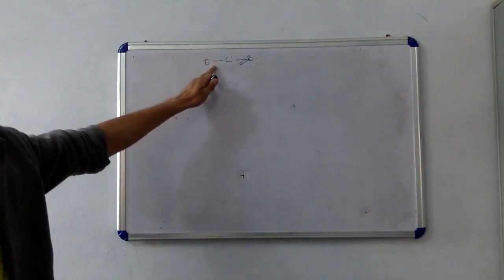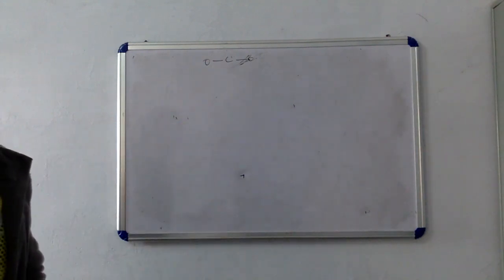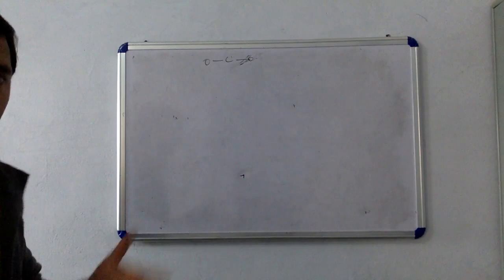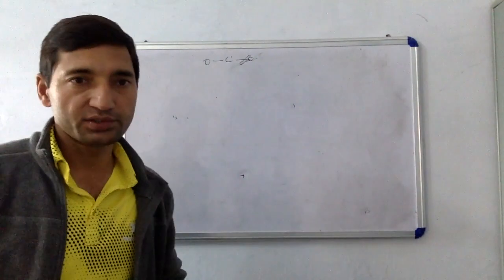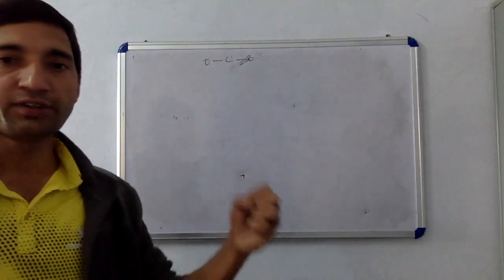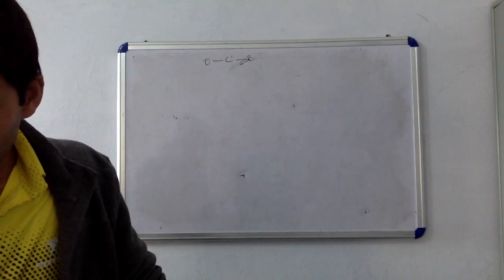Right? So we illustrate the extreme cases, that is the extreme stretching or the bending or the equilibrium position. With respect to the equilibrium position, we will be finding out these modes.